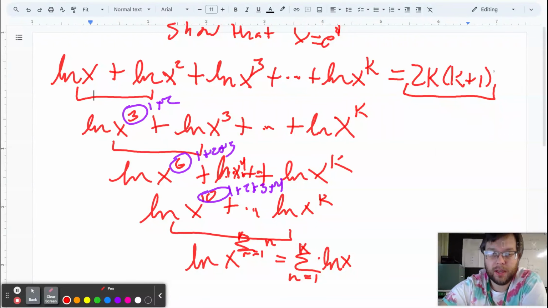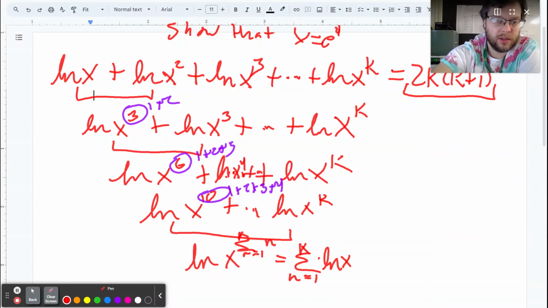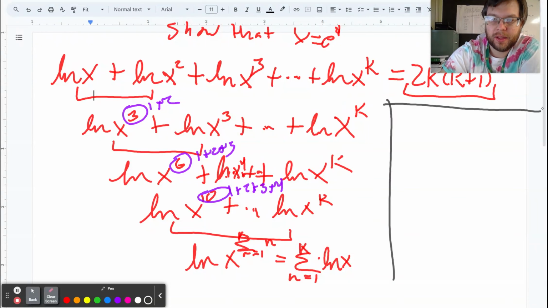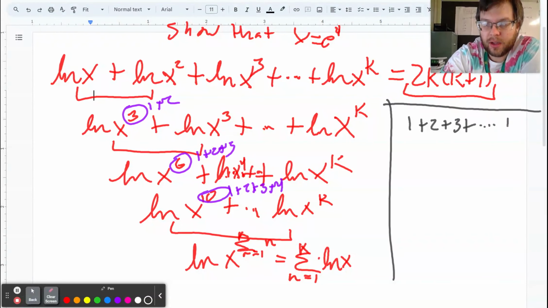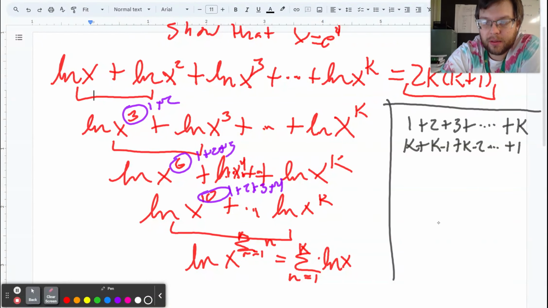Okay, so maybe a little sidebar problem here. If you remember adding up the sum of the first k numbers, the way you can do this is you say you got 1 plus 2 plus 3 all the way up through plus k, and you can actually reverse it, k plus k minus 1 plus k minus 2 dot dot dot plus 1.